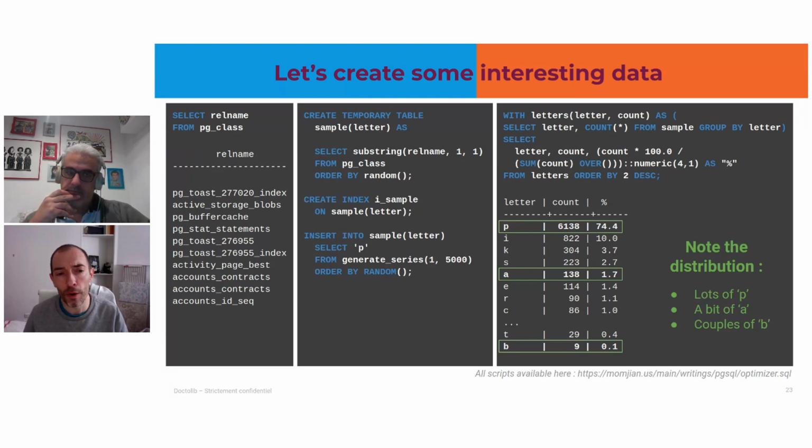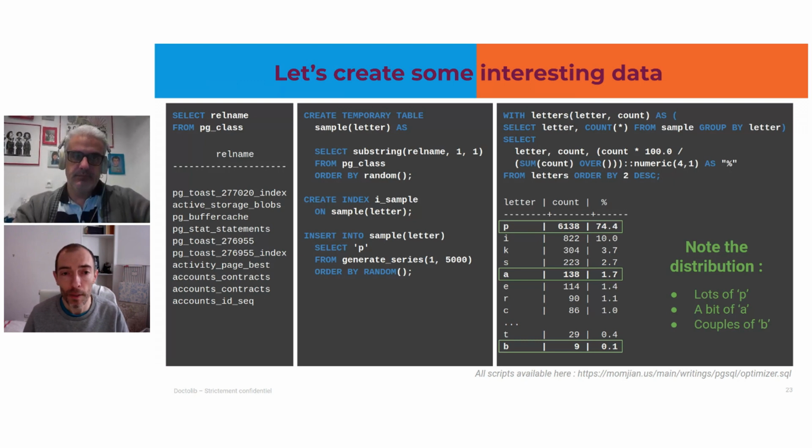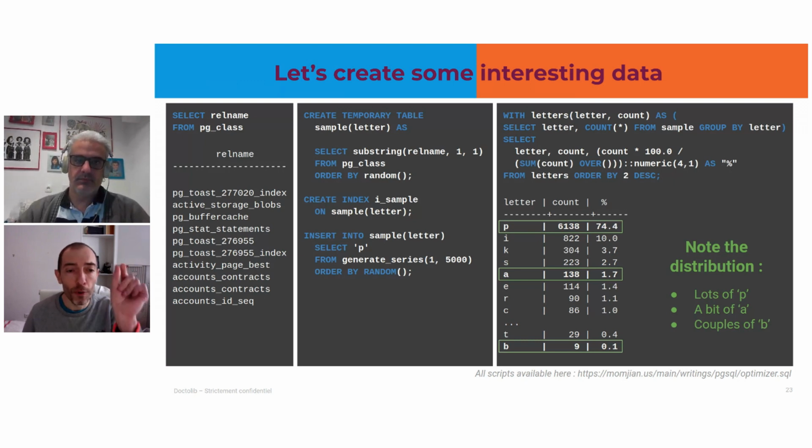We have other letters, A, B, C to Z, with a lower distribution. So we are creating a temporary table called sample, which is basically a copy of pg_class but only with the first letter. And in that table, we'll insert 5,000 more P's, because we need them.